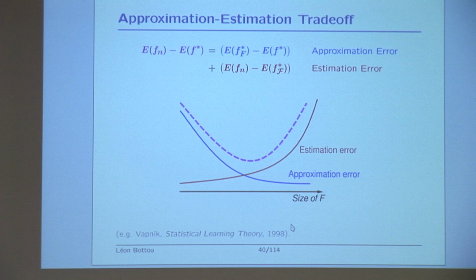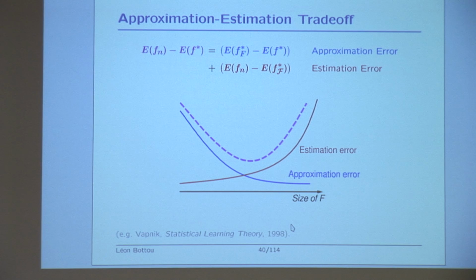And we have this curve that shows up everywhere in the machine learning literature that basically the error we achieve by computing the best function on the training set within our family, minus the best one we could ever achieve, is the sum of two errors. One is how much we lose because we use a family of functions that doesn't contain everything.